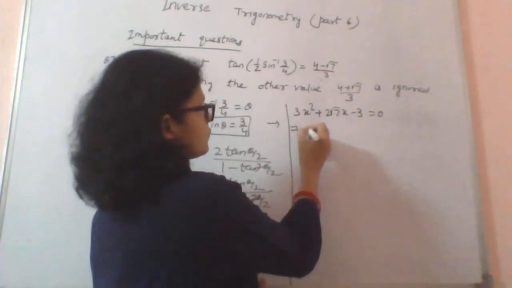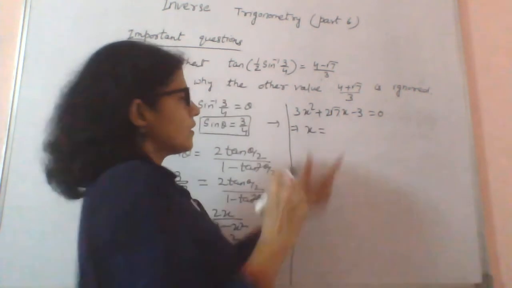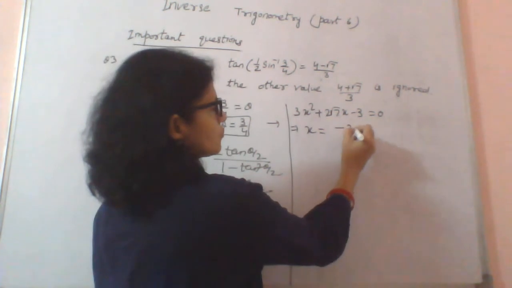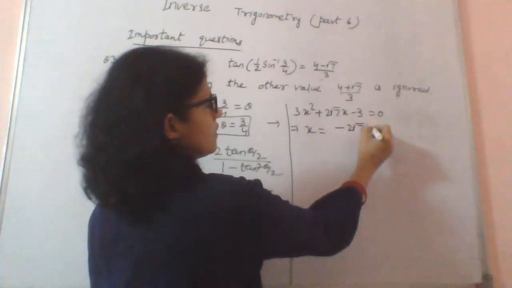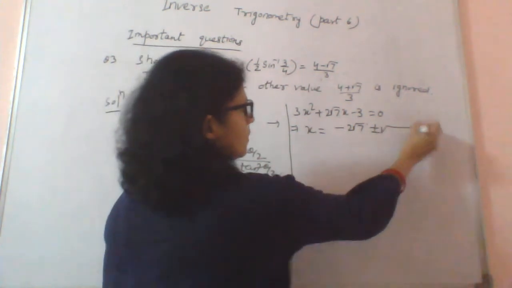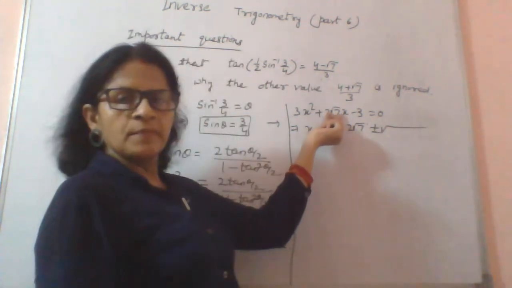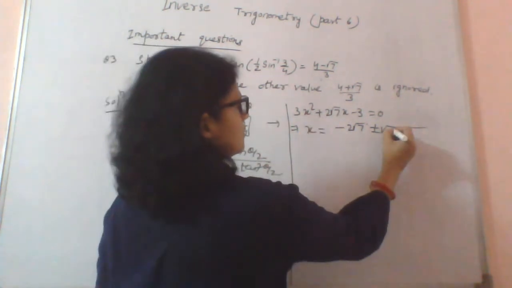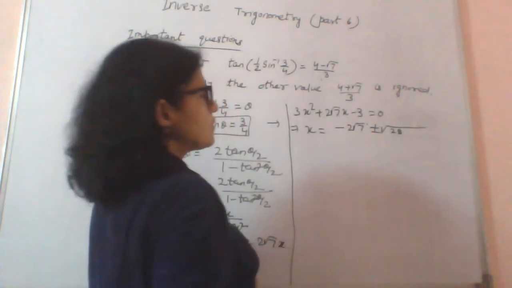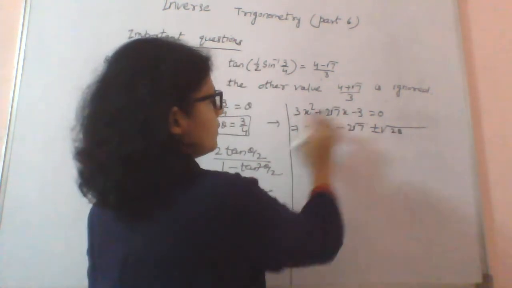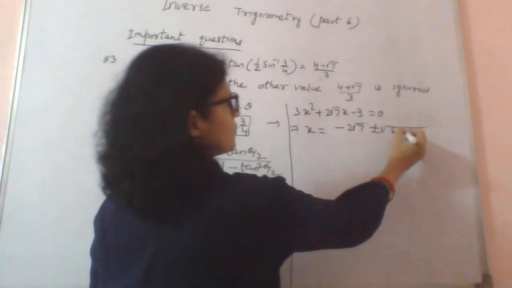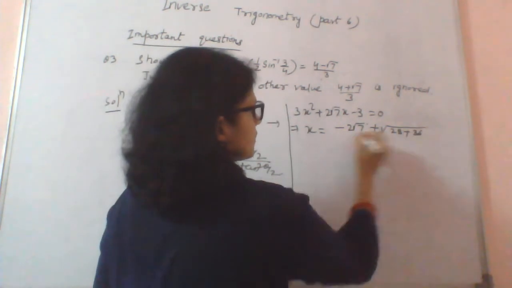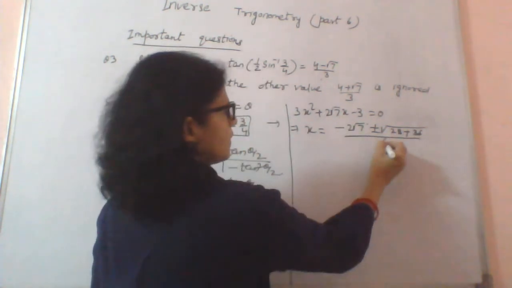So this implies x equal to, so it is a quadratic equation in x, so x equal to minus 2 root 7, minus b plus minus under root b square. B square means this is your 4 into 7, 28, plus 4ac. I mean minus 4ac, here it is minus, so you are getting here 3 into 3, 36, 64 will come here, divided by 6.